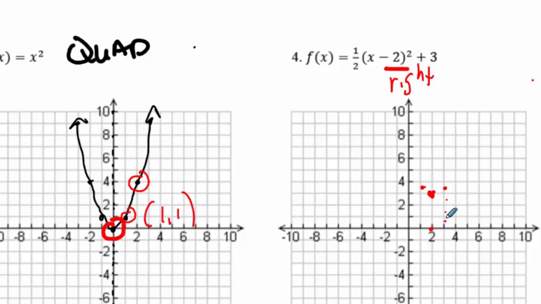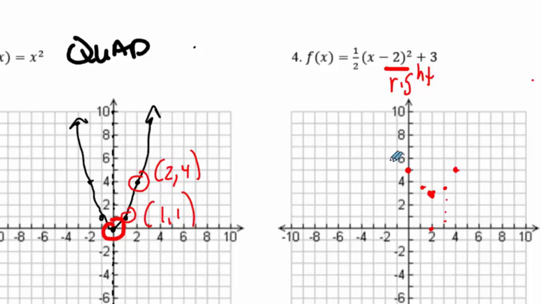So all I've got to do now is look at that point. This point was at 2, 4, right? So I've got to move it over 2, so it goes over to 4. Instead of being at 4, we multiply it by 1/2, so that would be 2, and then move it up 3. 1, 2, 3, and so now it's at 5.